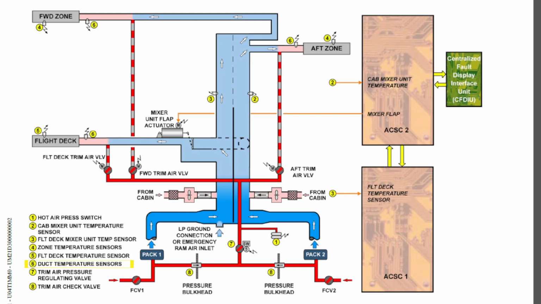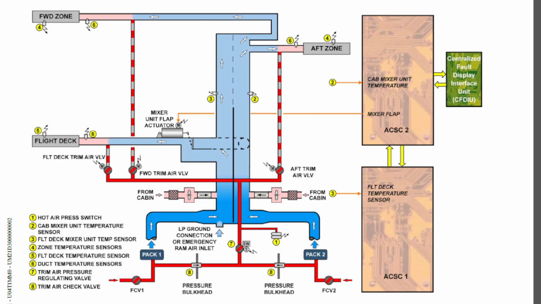So basically what will happen is, when any duct temperature sensor reaches 88 degrees Celsius, the duct temperature sensor will send a signal to its related computer. Something which I forgot to tell you: the trim air pressure regulating valve is controlled by air conditioning system control computer 1.